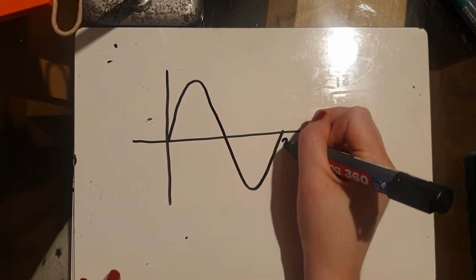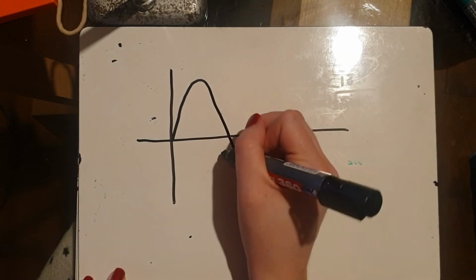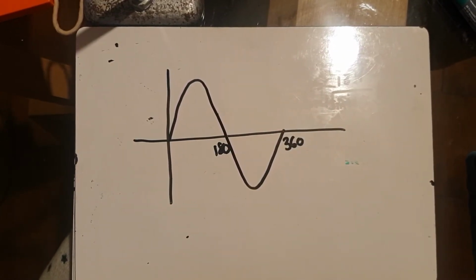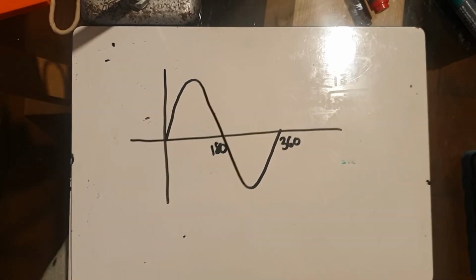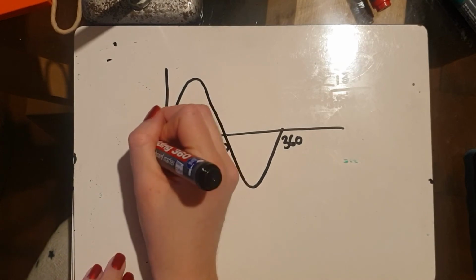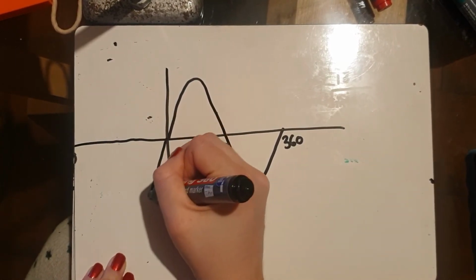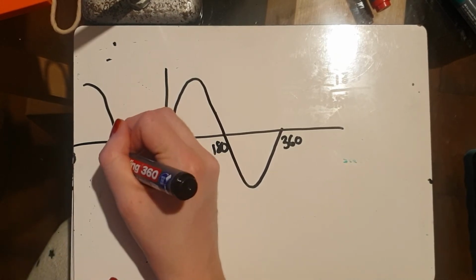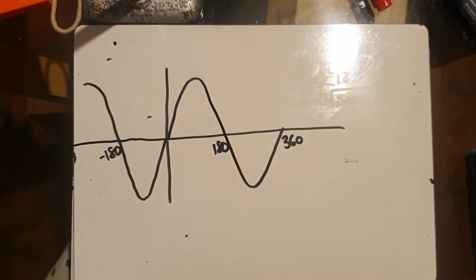So this goes up to 360 degrees. This point here is 180 degrees. And the graph repeats. So if we were to extend it this way, it would be the same pattern again, and this would be negative 180 degrees here.